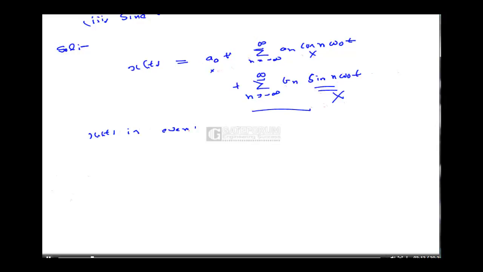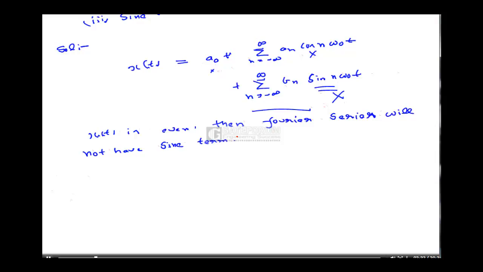So if xt is even, then Fourier series will not have sine term.